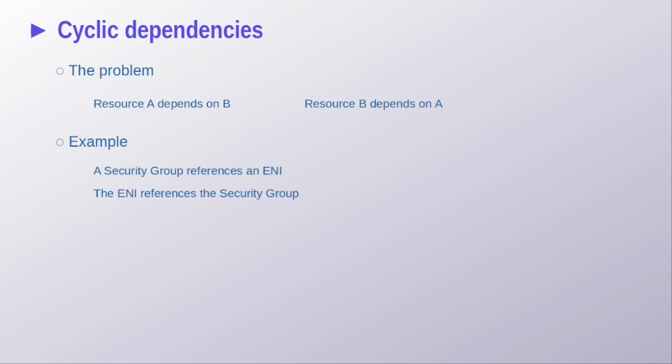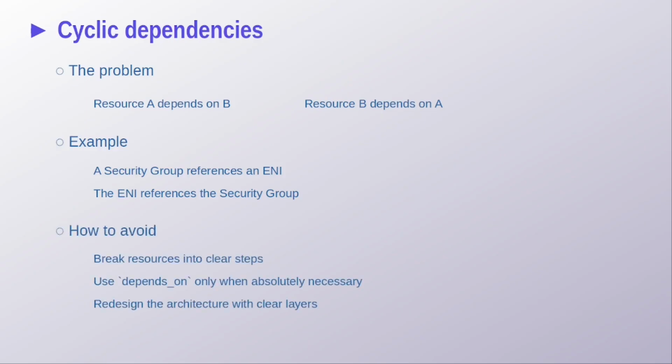Terraform cannot decide which one comes first. How to avoid it? Decide clearly: network first, then compute, then data. Use depends_on only when absolutely necessary. Important rule: if you use many depends_on blocks, your architecture is probably wrong.